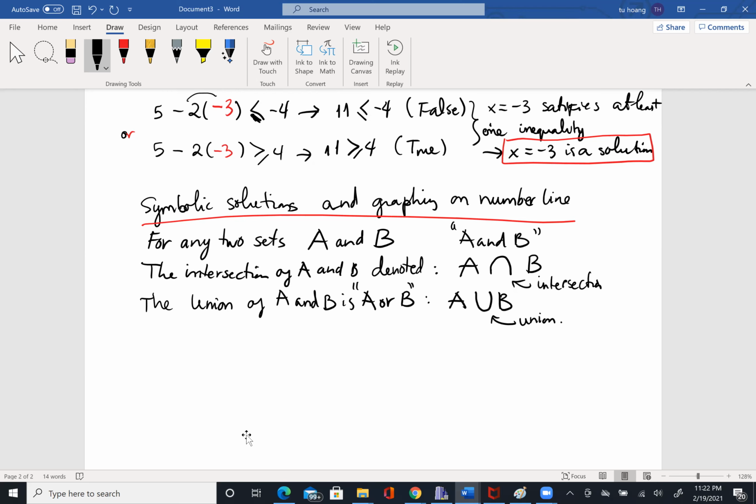Let's see what else I want to tell you. Graphing. If I say x less than or equal to 6, here is a number line.